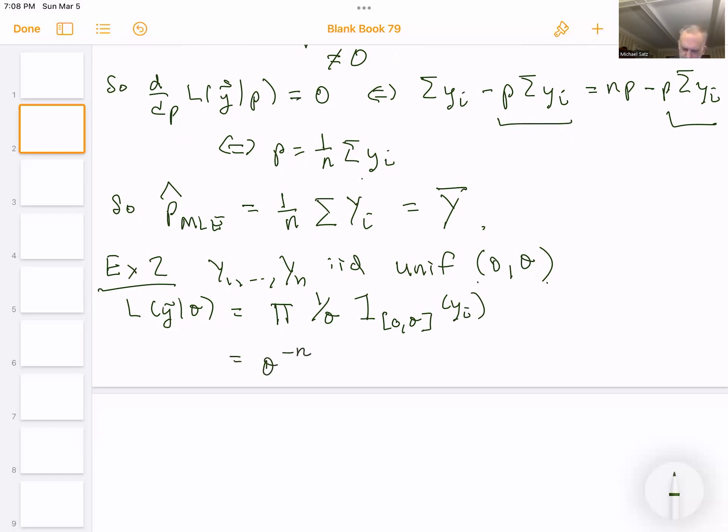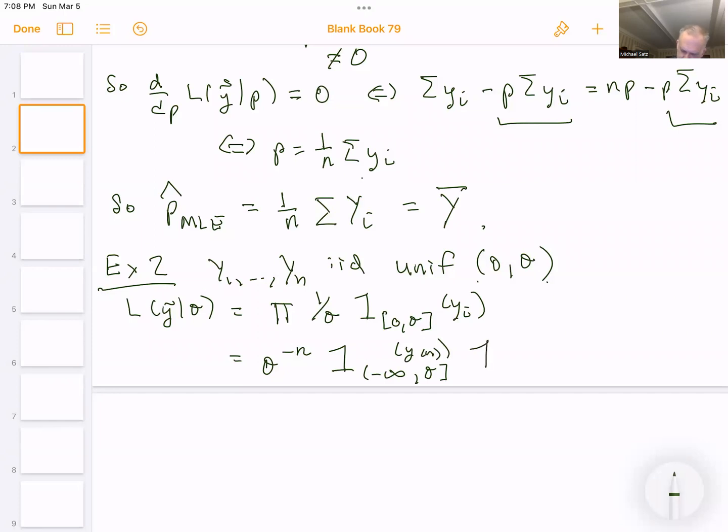And for this, we're going to write it like this: minus infinity to theta for yn, which has to be the max, and the min has to be bigger than 0, so 0 to infinity.